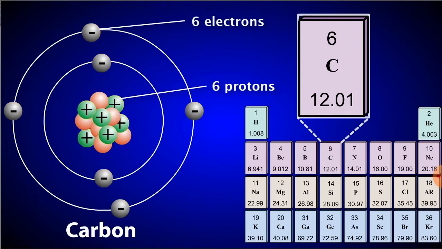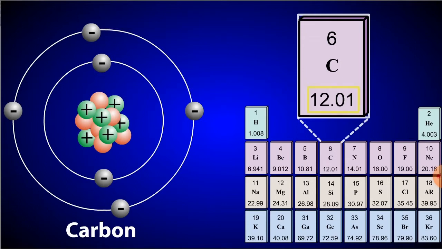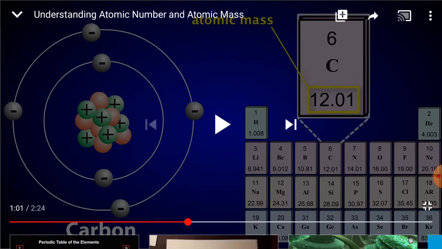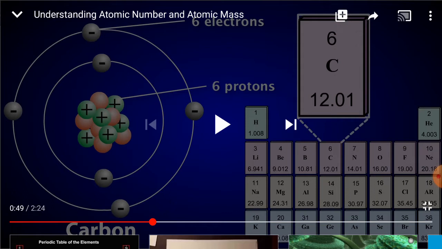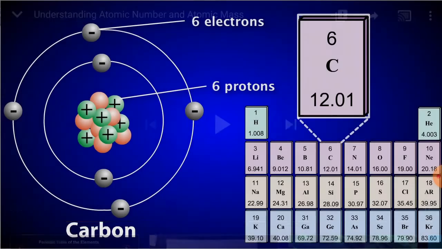As we said in the last period, electrons can be lost or gained, and in that case the atom will be called an ion. So there are some cases in which the electrons can be lost or gained.